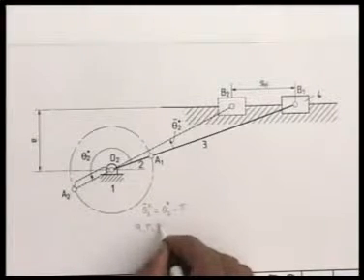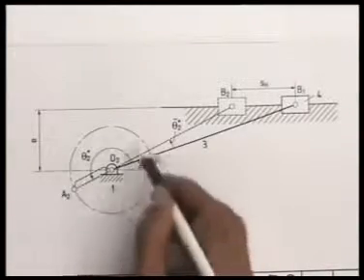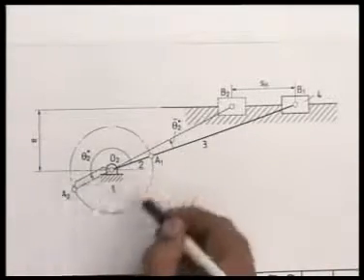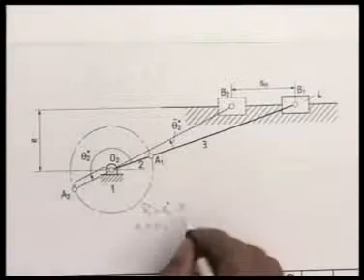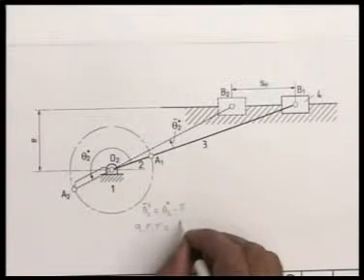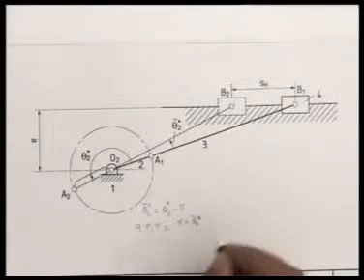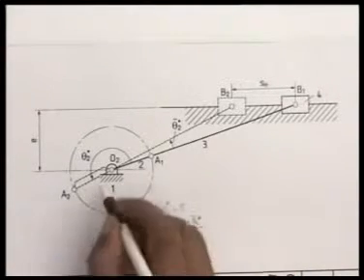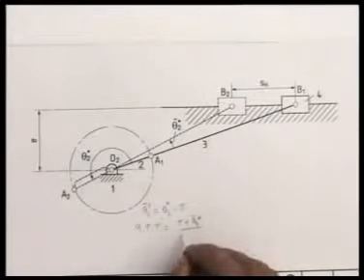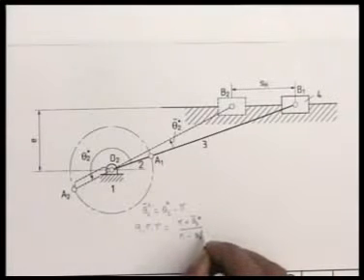Quick return ratio is, assuming of course that the crank is rotating at uniform angular speed, then the forward motion is theta 2 star, which is pi plus theta 2 star bar, and the return angle is pi minus theta 2 star bar.